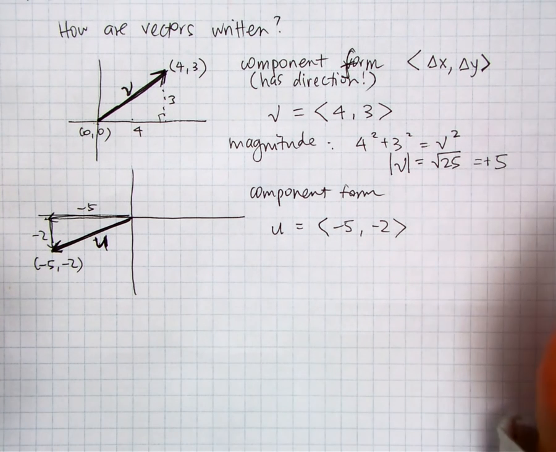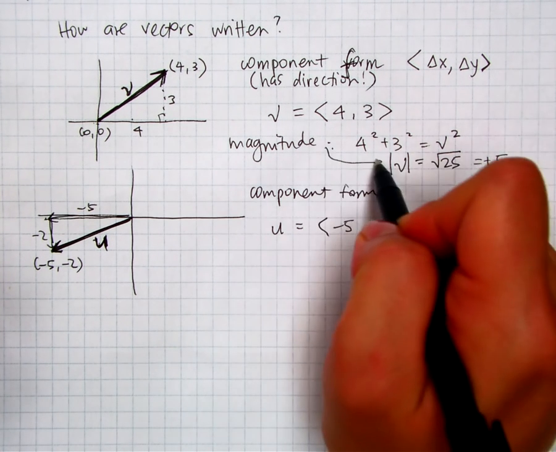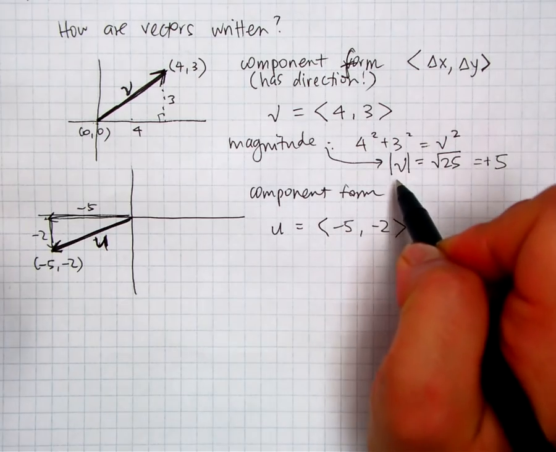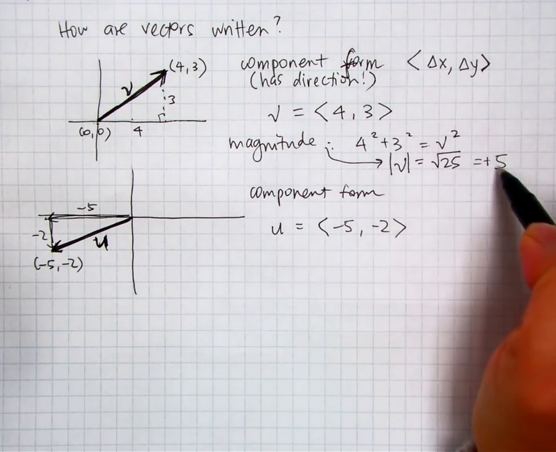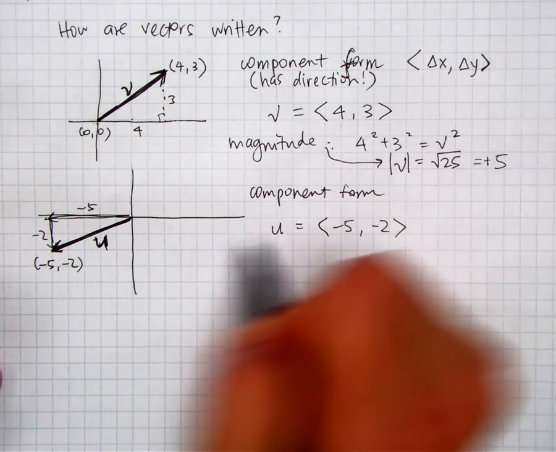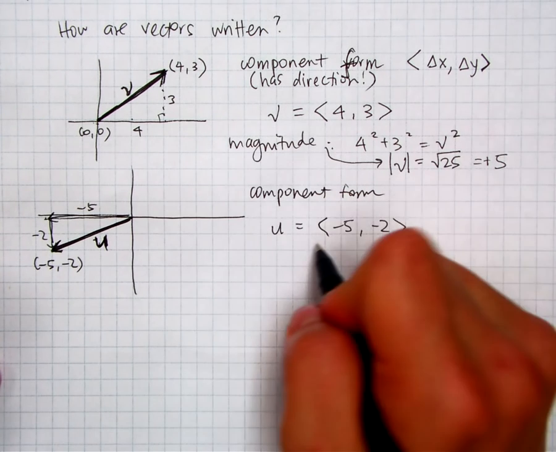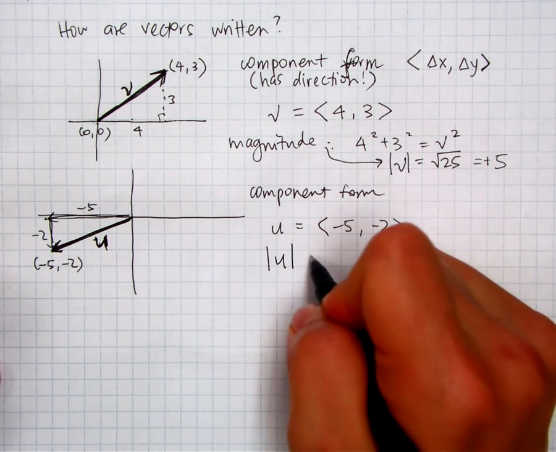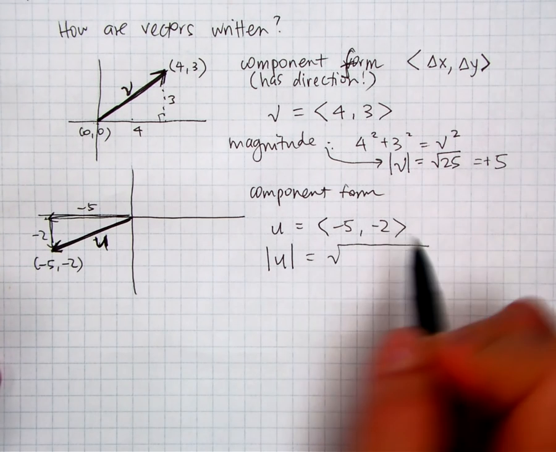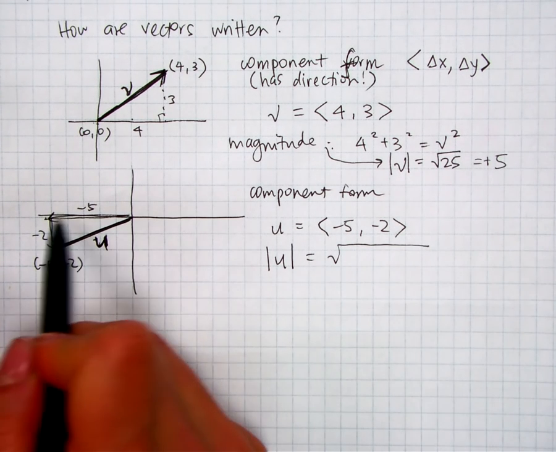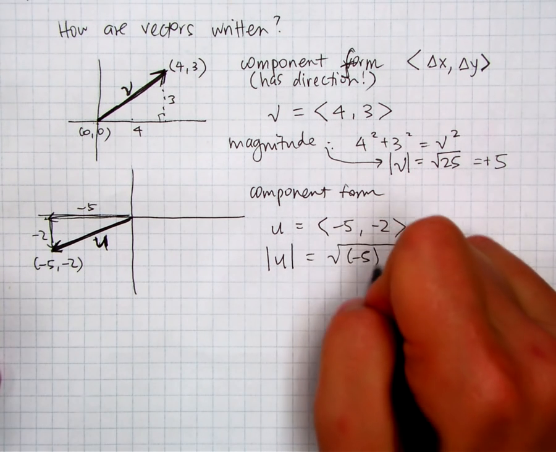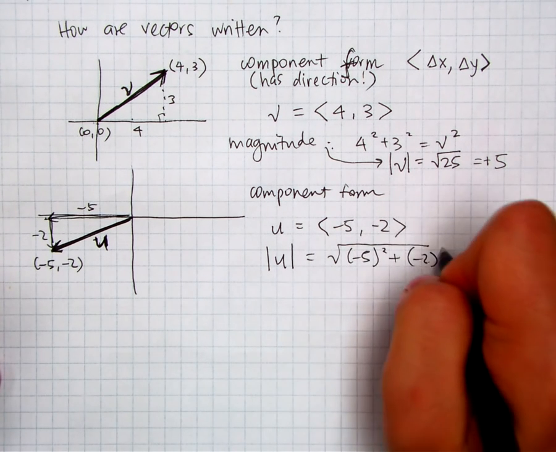So the magnitude is represented using this: the absolute value of that vector v. And the magnitude is +5. It's always positive. So what is the magnitude of this vector here? The magnitude is written this way. It's also the Pythagorean theorem, which is just the square root of (-5) squared plus (-2) squared, which is always positive because I'm squaring it.